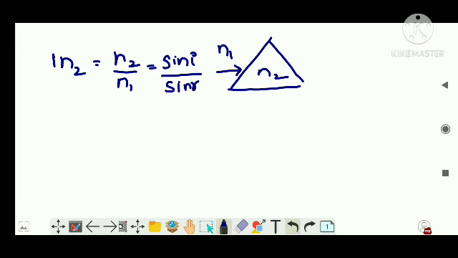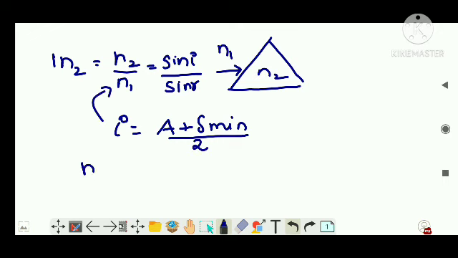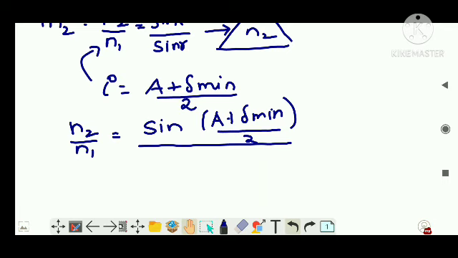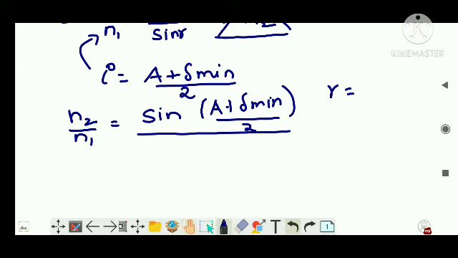You have learned this. Now we just wrote that the incident angle I during minimum deviation is (A plus delta min) divided by 2. So here I can substitute this, so that N2 by N1 is equal to sin of (A plus delta min, that is minimum deviation) whole divided by 2, whole divided by sin R. Now remember, we wrote R is equal to A by 2 when minimum deviation is occurring, since R1 and R2 are equal, so 2R is equal to A. So I will write here sin A by 2.